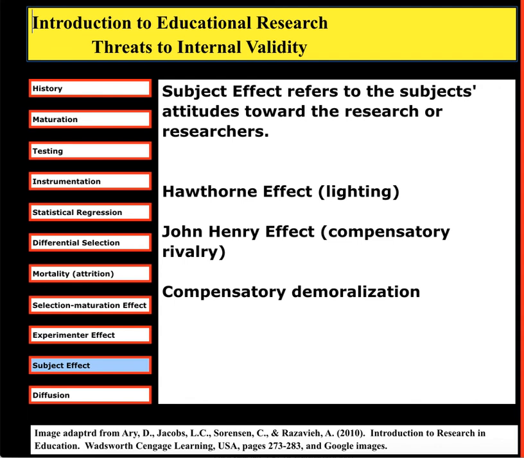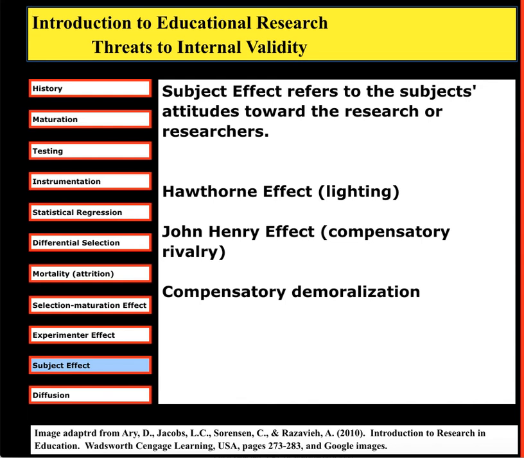And what the researchers found out and referred to as the Hawthorne effect is, no matter what they did with the lights, if they dimmed them real low, if they had them really bright, if it were in the middle, the subjects performed better, no matter what they did.